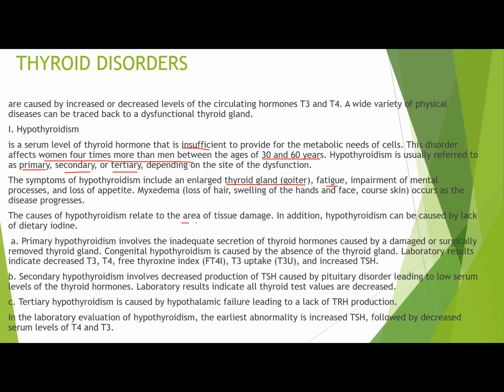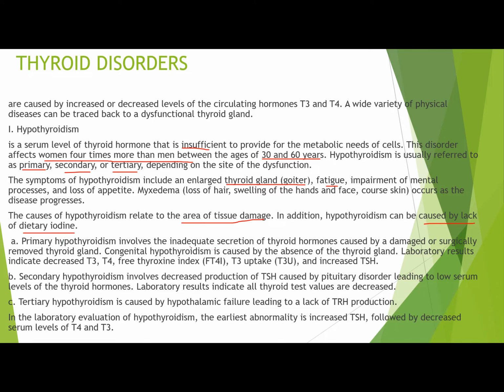So, pwedeng ang affected dito is yung hypothalamus, pwedeng yung pituitary. Now, they could also be caused class by lack of dietary iodine. So, yung iba kaya nireresetahan lang ng iodine class kasi reversible naman. Now, let's talk about the types of hypothyroidism. The first one is primary hypothyroidism.